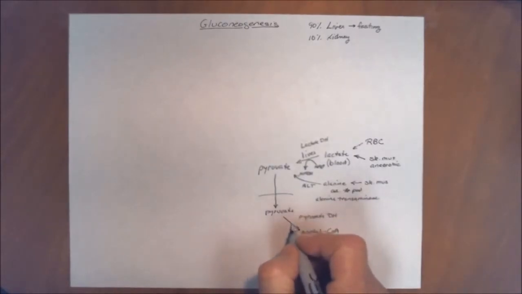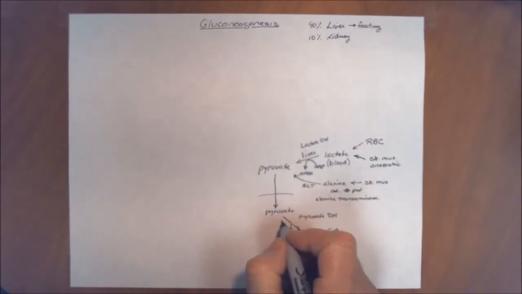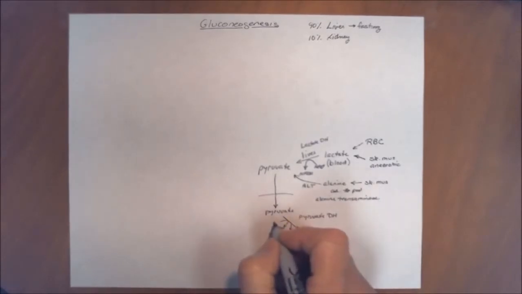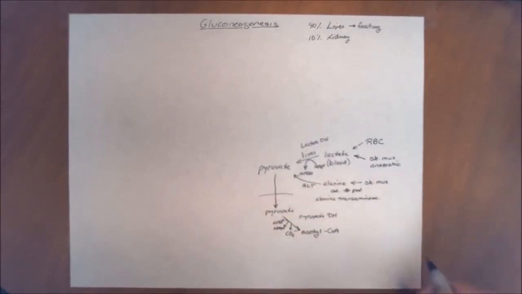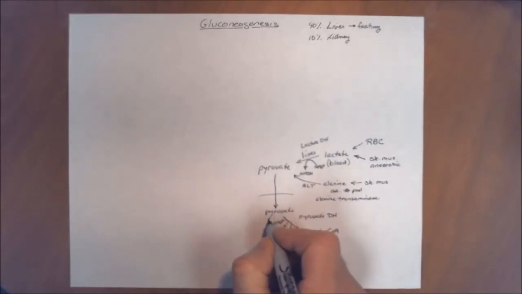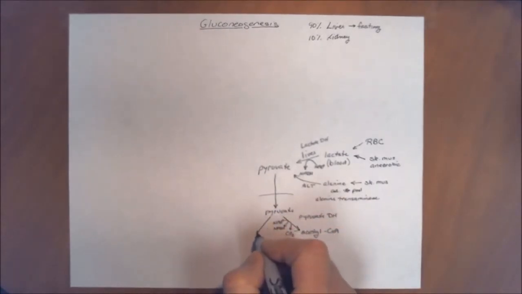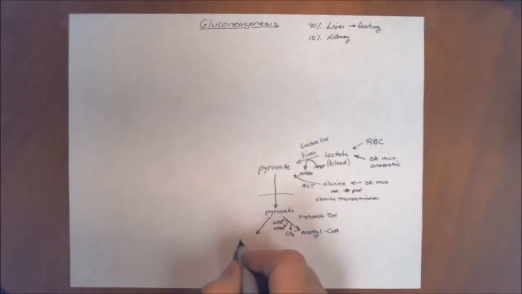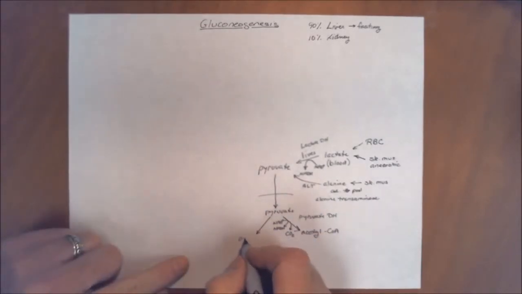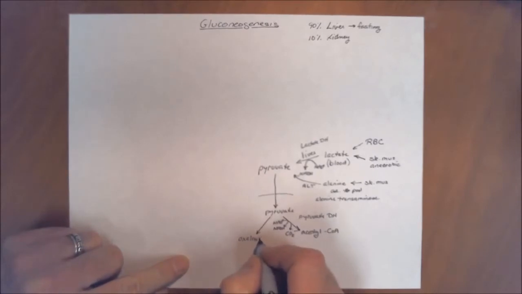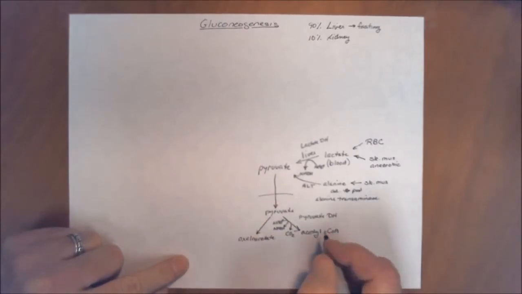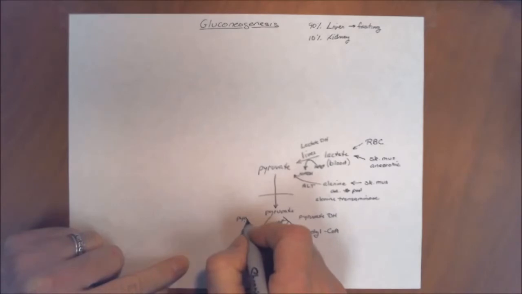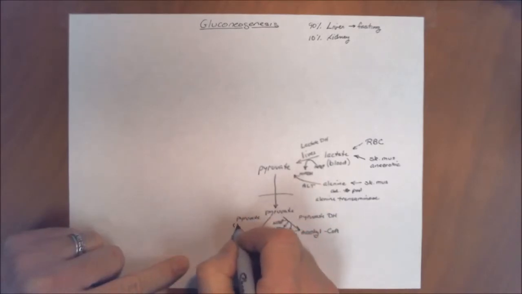This enzyme catalyzes an oxidative decarboxylation reaction, converting NAD plus to NADH. The other avenue for pyruvate is to convert it into oxaloacetate. This is done by an enzyme called pyruvate carboxylase.